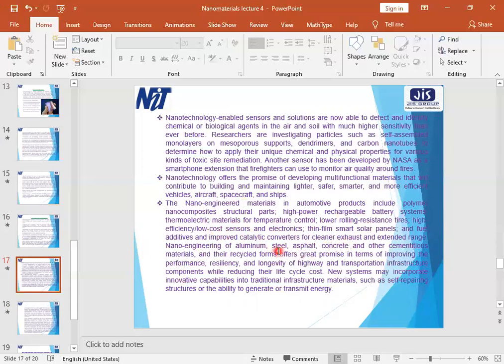You know, a catalytic converter converts carbon monoxide to carbon dioxide. So, extended range.